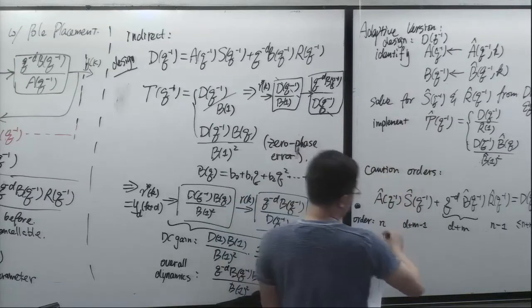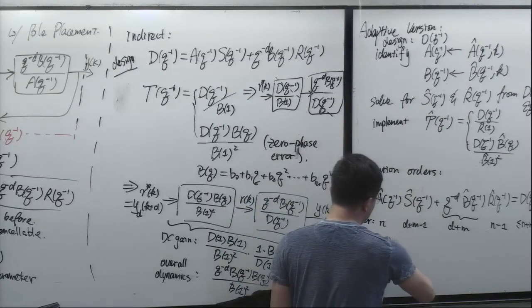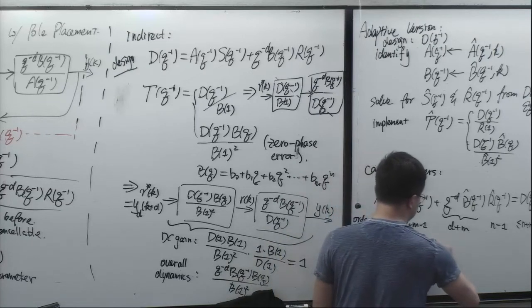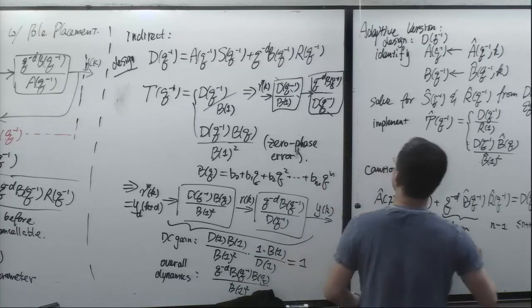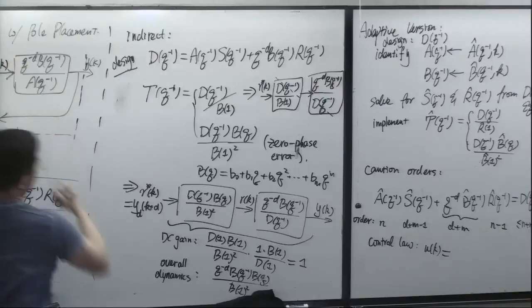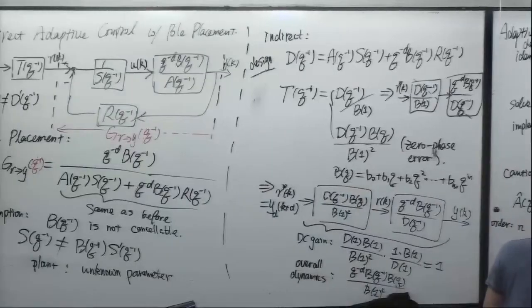So after you do all these, then you implement your control law, adaptive control law. UK is here. This is the same structure as before.